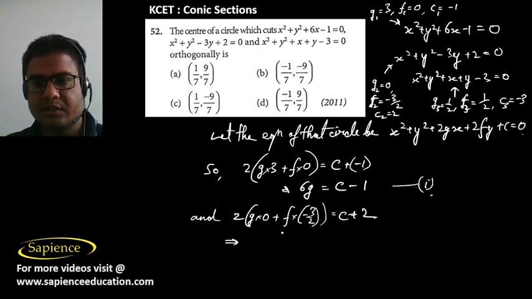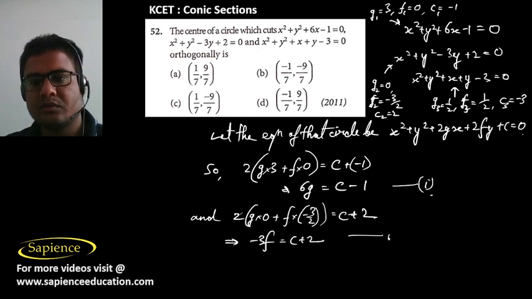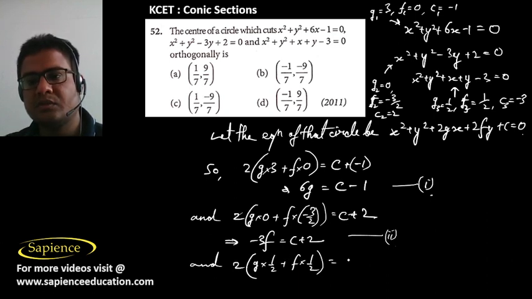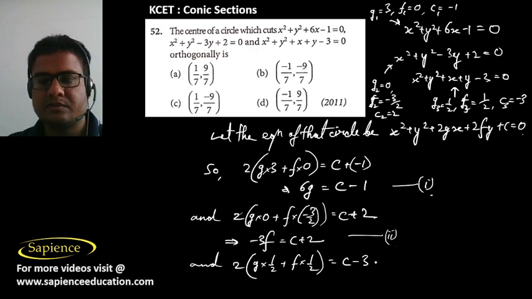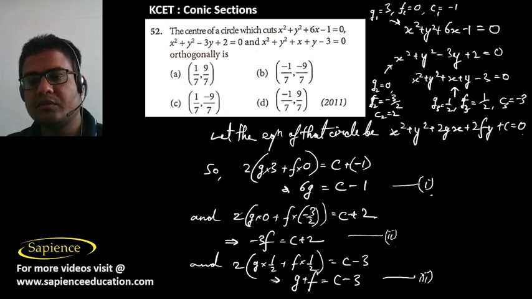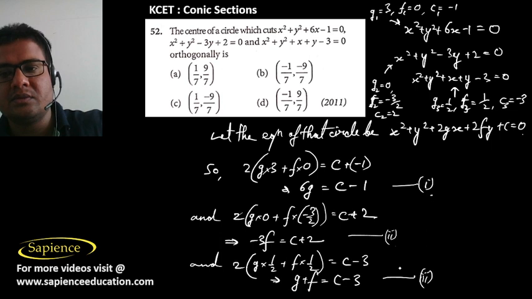So therefore 2 and 2 will cancel, so this will be minus 3f equal to c plus 2. So this is equation 2, and then you can say that 2 into g into half plus f into half is equal to c minus 3. So g plus f is equal to c minus 3, which will be the third equation.